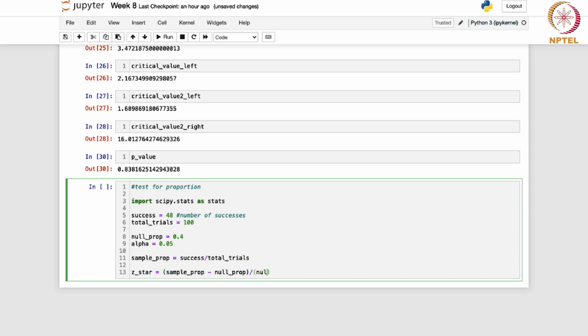you will have null proportion into 1 minus of that, 1 minus p0. So this one would be again divided by, here we will put one more bracket. So this will be divided by the total number of trials and whole raised to the power 0.5.